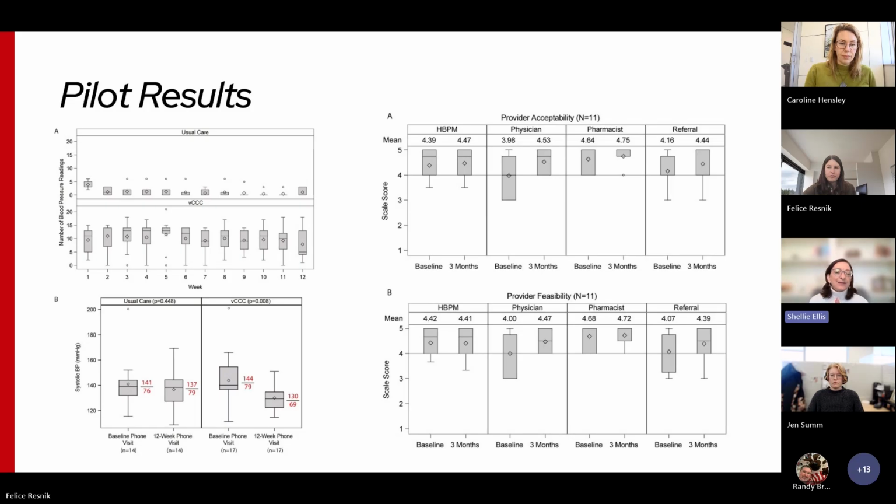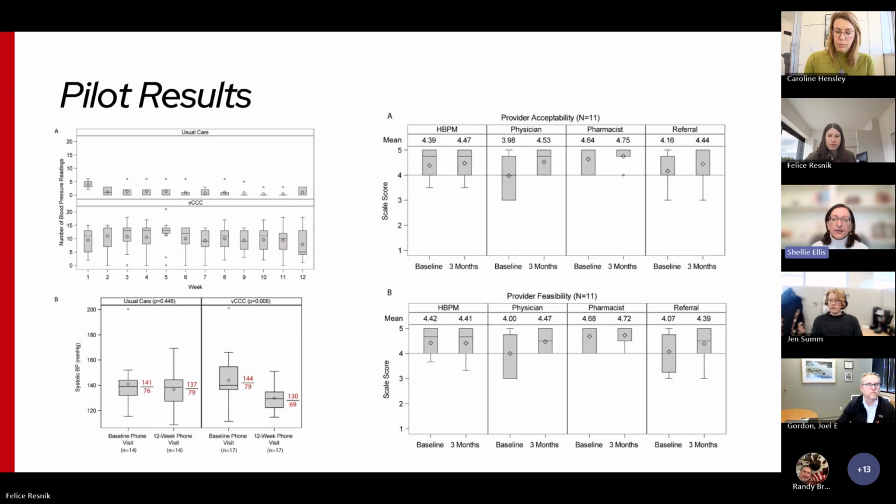But when we did the preliminary work to assess if this whole approach was a go, you can see on the top left graph that compared to the usual care patients, the patients in VCCC actually used the blood pressure monitors at home and were monitoring their blood pressure, which is a great interim step. And then after 12 weeks, the VCCC patients had a greater reduction in their blood pressure over that time period.